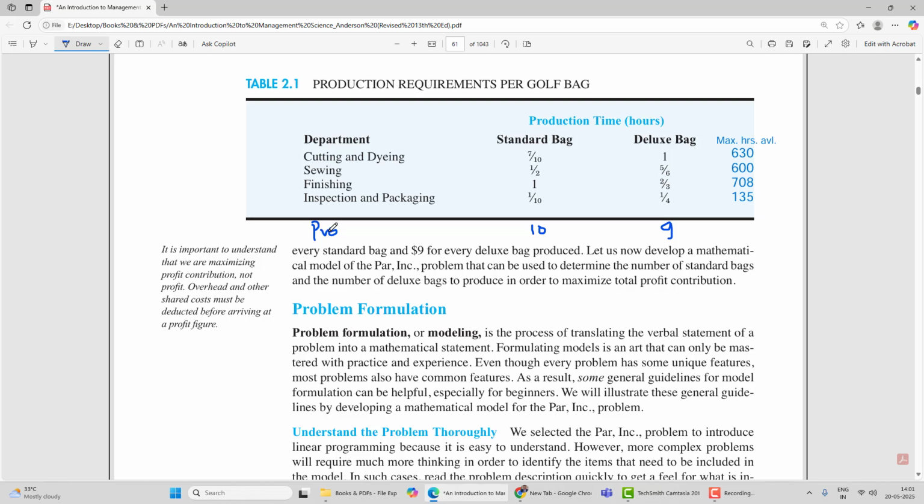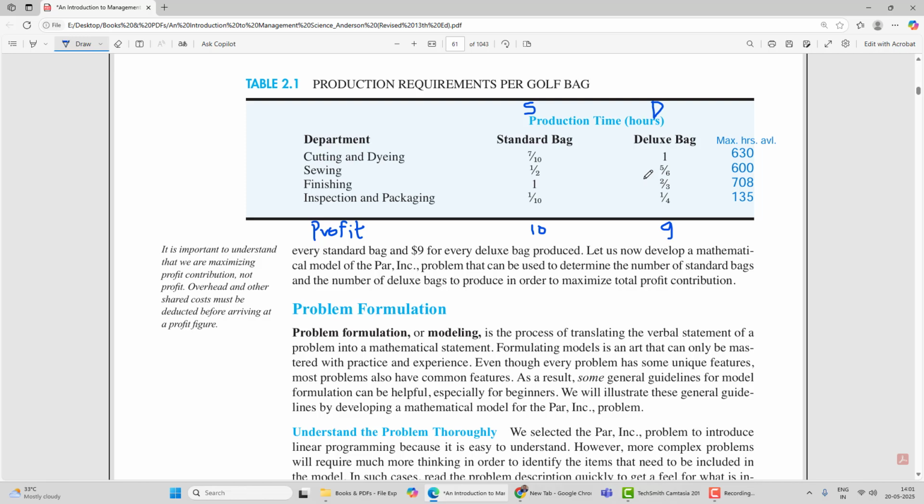Now we will start formulating our first linear equation, and then we'll go for non-linear. Obviously their objective is to maximize the profit. Let S be the number of standard bags and D be the number of deluxe bags produced.